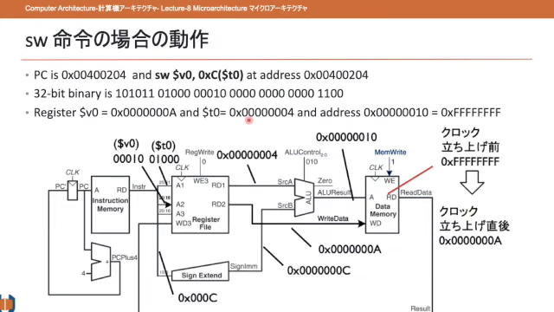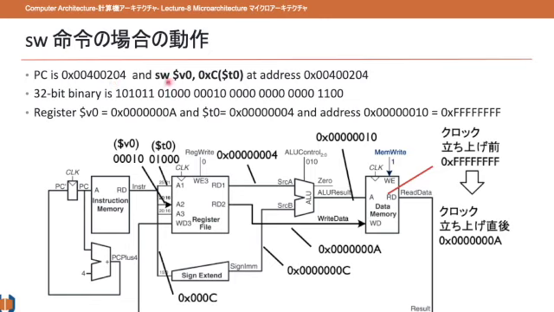Well, let's have an example. Once you see the example, you can easily understand the differences for the store word instruction. Well, I'm giving you that the program counter is this, okay?